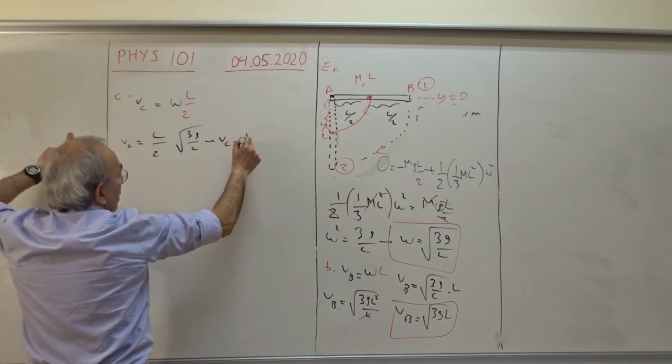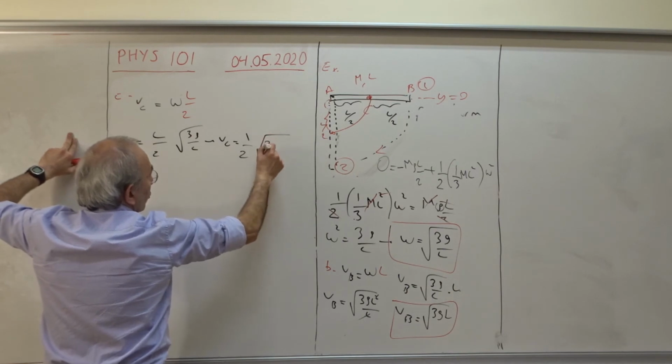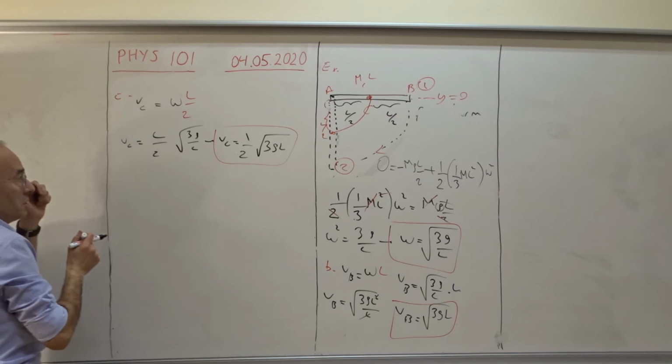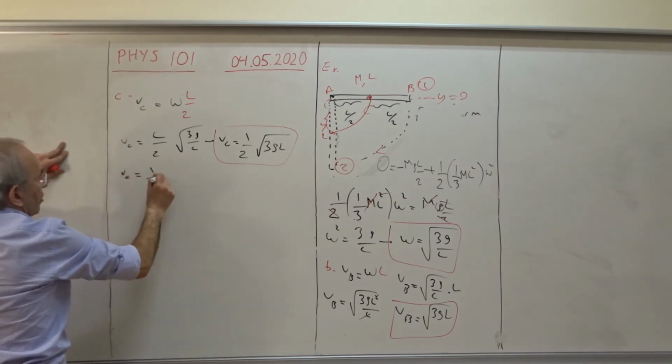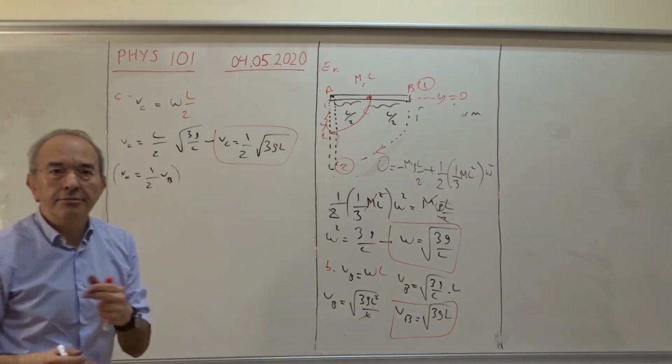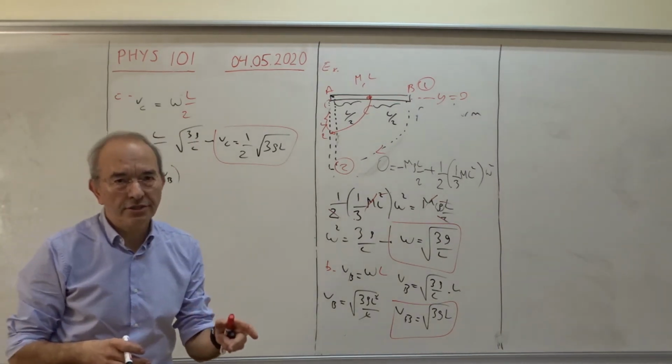So VC is 1/2 root 3gL. So as I can easily see, VC is 1/2 VB, of course. So this is the comparison of the midpoint's velocity with the end's velocity.